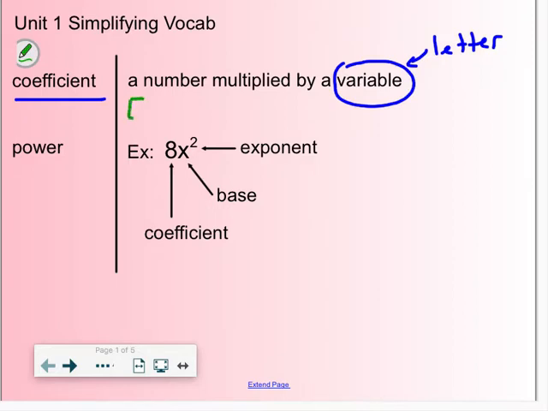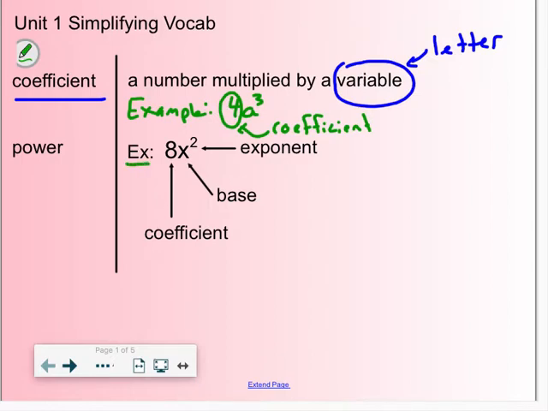So an example of this would be like 4a to the third. This right here, that is your coefficient. Another example, a second example right here, would be 8x squared.